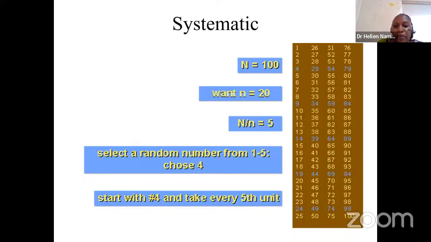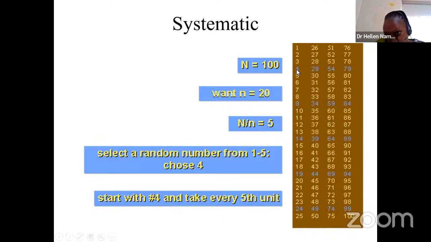So in case I pick 4 here as my random person to start with, then it implies that I'm going to count from 4 within my list. And so the moment I get to the 5th person, I'll include that one to be part of the sample I'm going to pick.